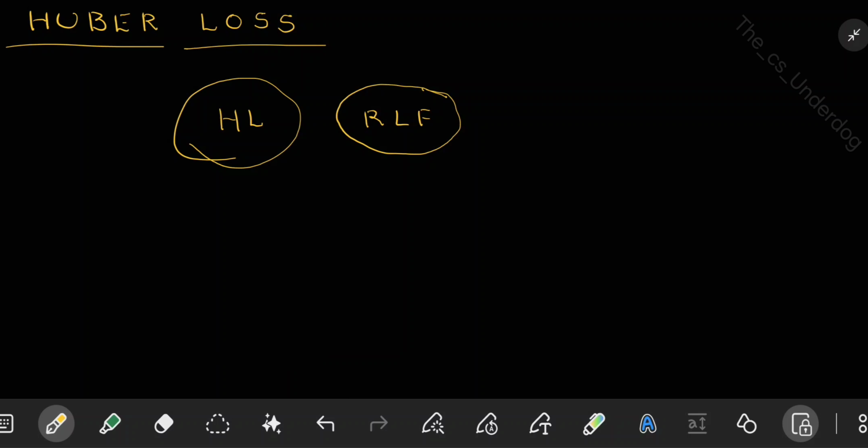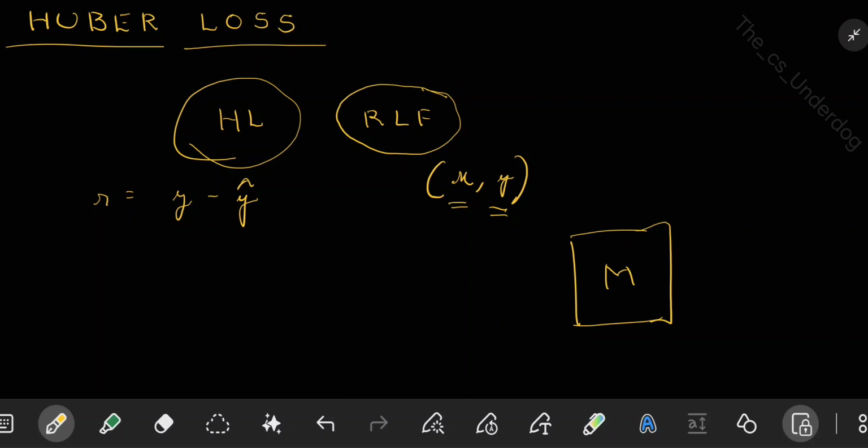What we'll do is, first we'll write the loss term, or you can call it the residual. So you can call R is equal to Y minus Y cap. What is this? You have some input X, Y. I'm repeating this part in every lecture because this is very important and I want this to be stamped in your mind. If you have an input X, Y, in which X is the input and Y is the expected output, then if you have a model M here and you input X into this model, what happens?